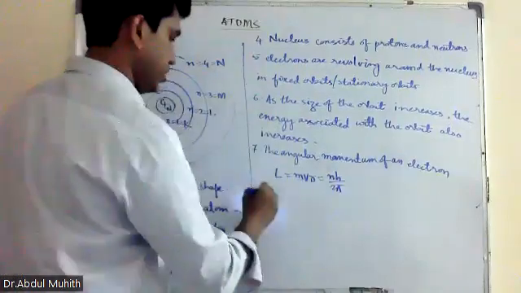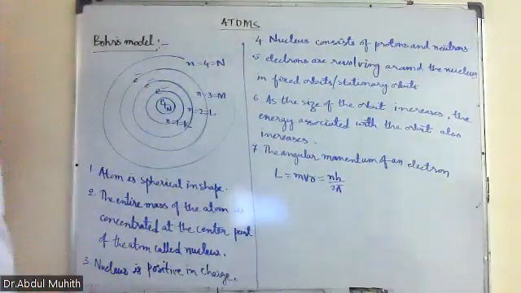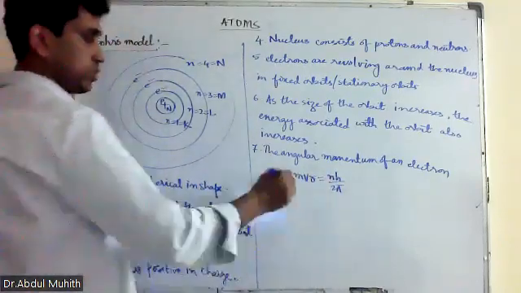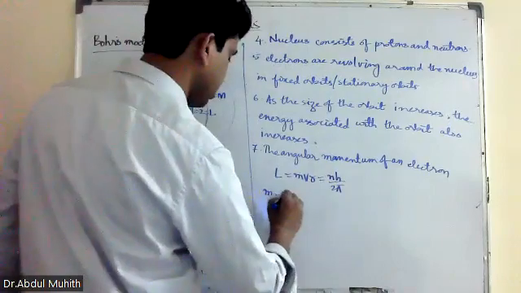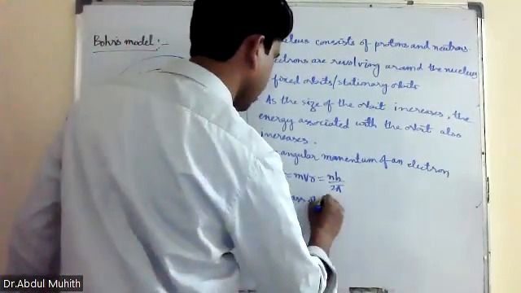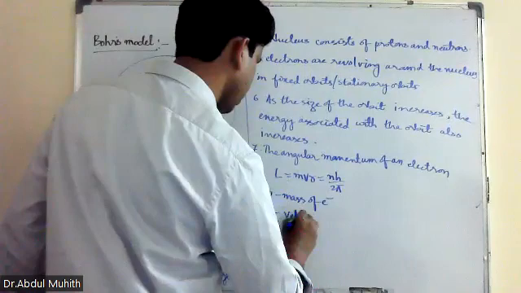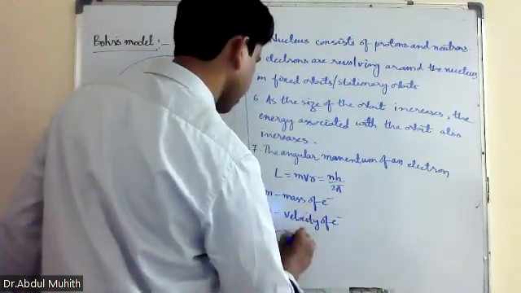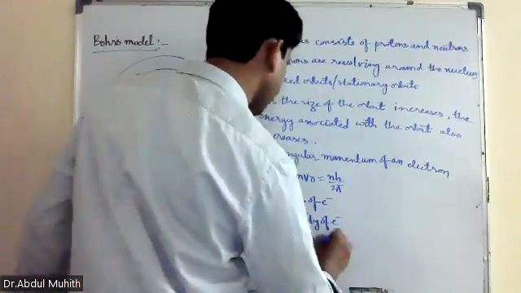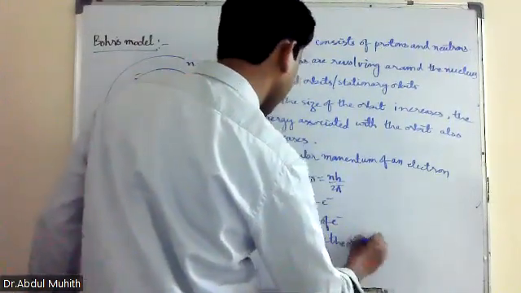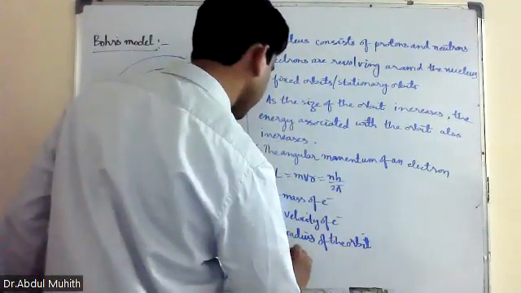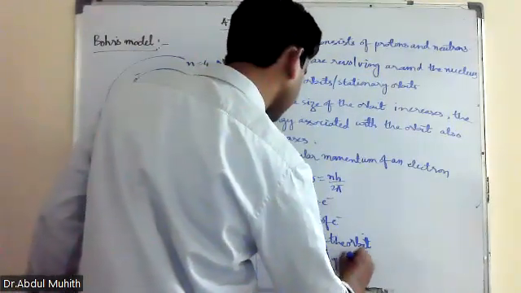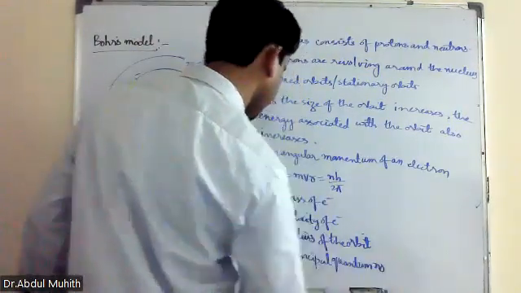Here m is the mass of the electron, v is the velocity of the electron, r is the radius of the orbit, n is the principal quantum number, and h is Planck's constant.